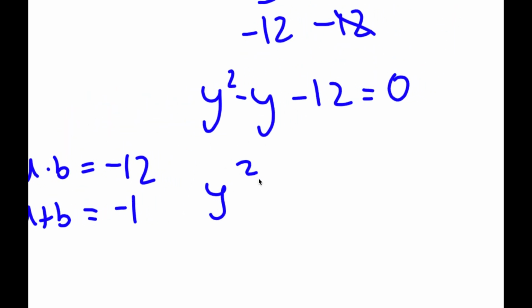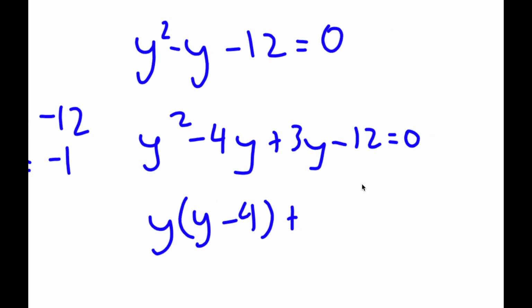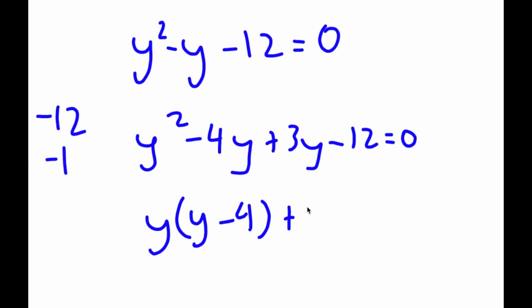So now I have y squared minus 4y plus 3y minus 12 is equal to 0. Now if I factor out y from y squared minus 4y, I get y times y minus 4 plus the greatest common factor of 3 minus 12 is 3, so I get 3 times y minus 4 is equal to 0.